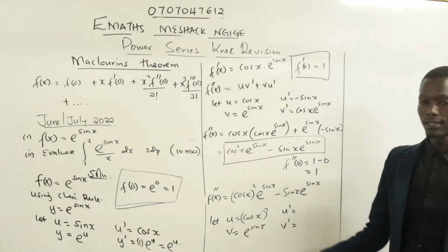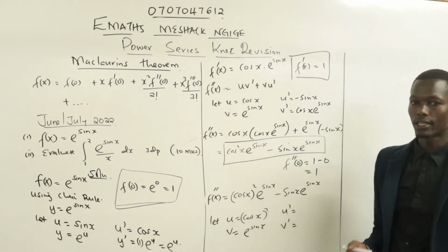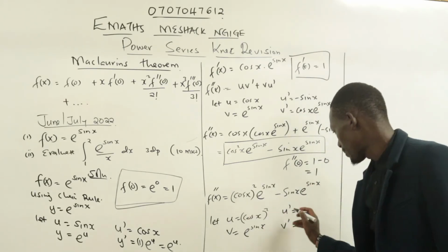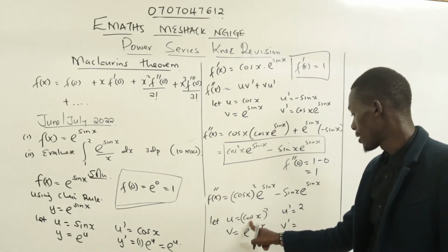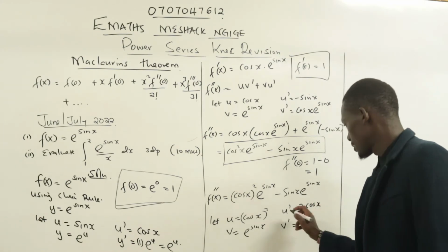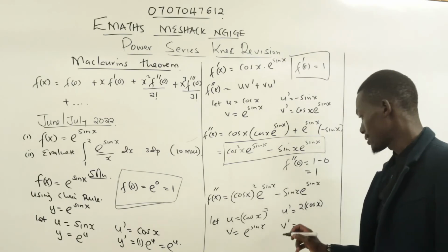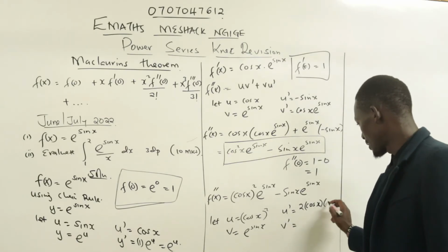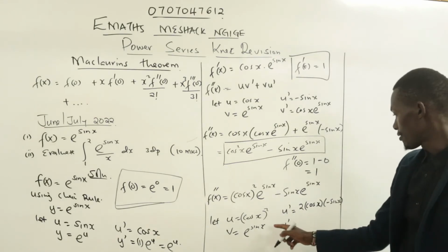So when you differentiate this, what did I say? Drop the power, reduce the power by 1, then differentiate whatever is inside. So drop the power, we shall have 2. Reduce the power by 1, so you shall just have cosine of x. Then differentiate whatever you have inside here, which will give you sine of x, right? Then you have your v.